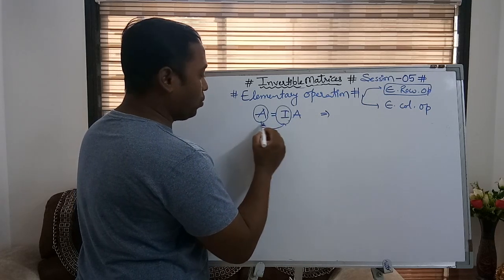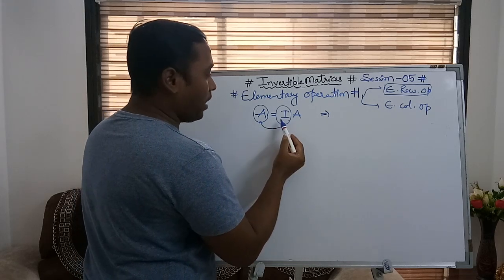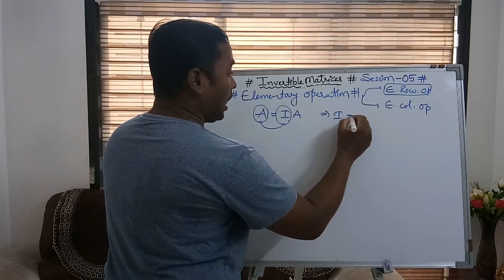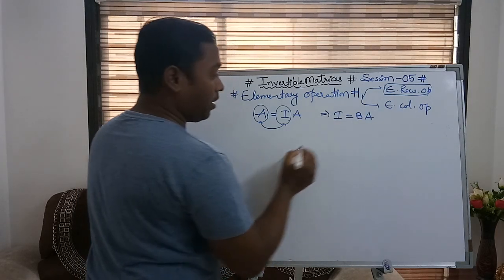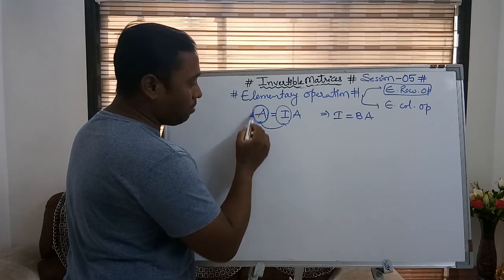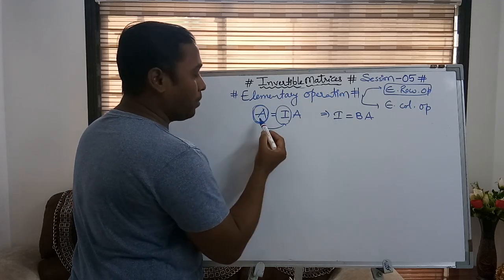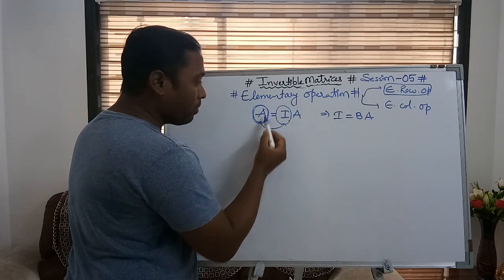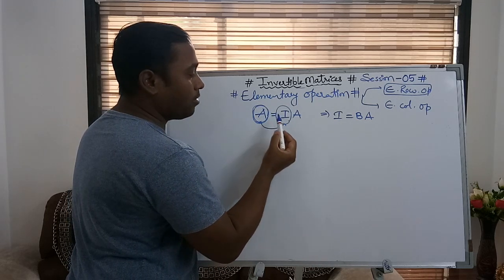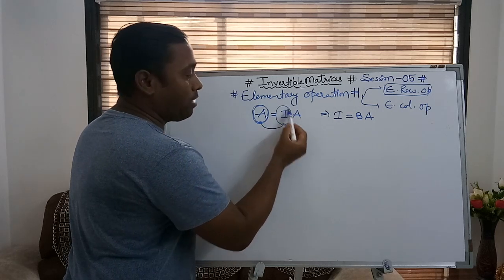We are going to do some modifications in these two matrices such that by doing so we obtain I equal to B into A. My motive is to convert the left-hand side matrix A to the identity matrix I. When I am doing such modifications in A, the corresponding changes will be done in I. So I will be disturbed.